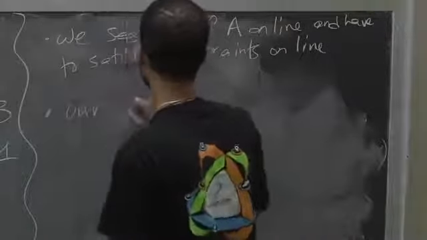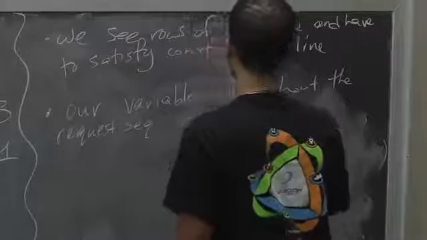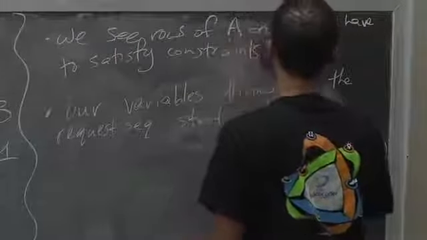our variables throughout the request sequence start at 0 and are monotonically non-decreasing.